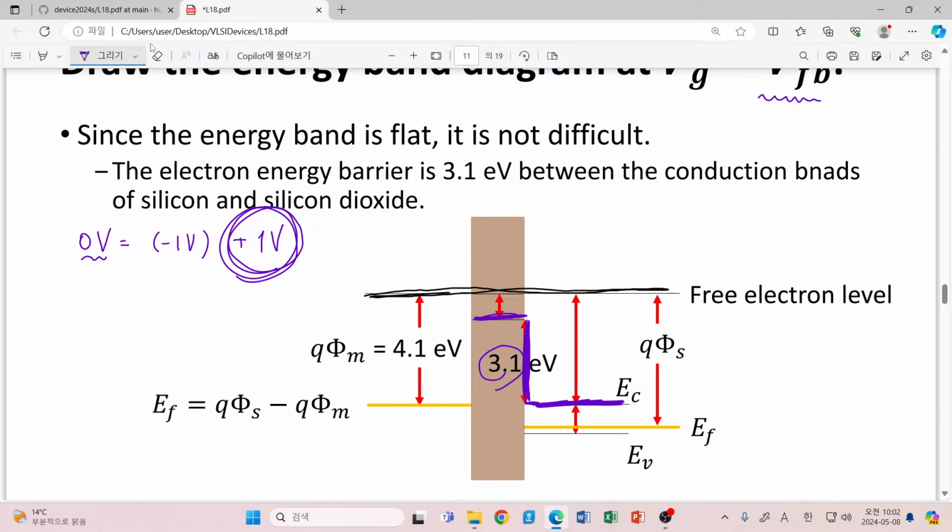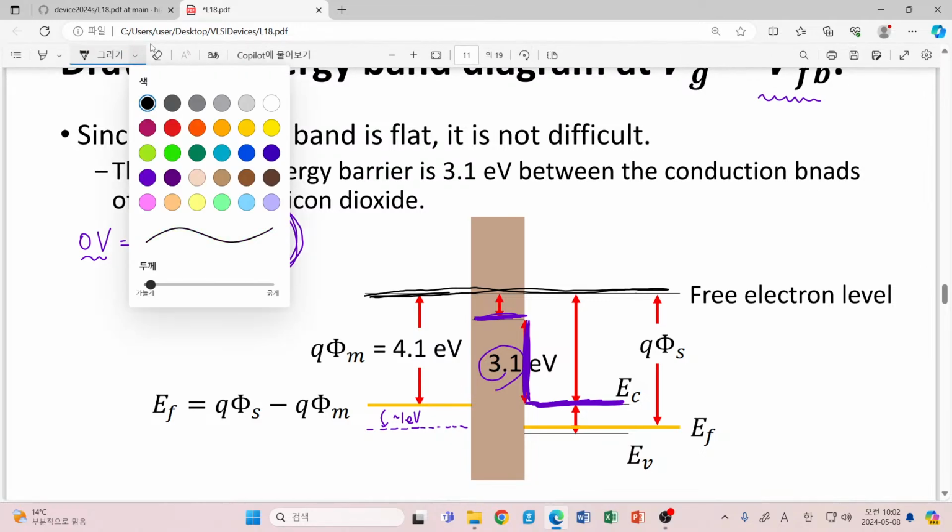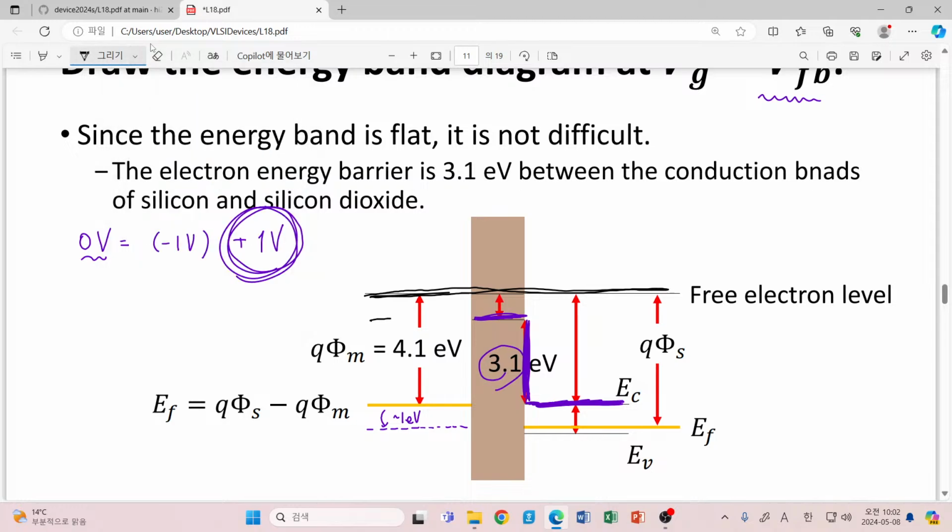If we apply 1 volt to this gate contact additionally, then our Fermi level will be dropped by approximately 1 electron volt. Also, this black colored free electron level, the vacuum level, will also be reduced in this way.